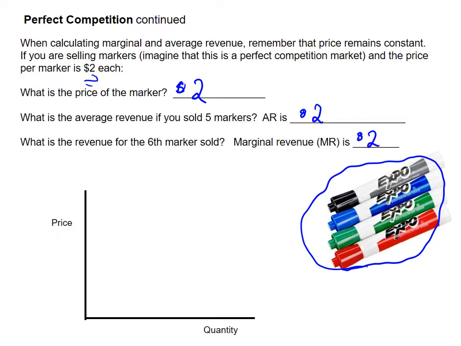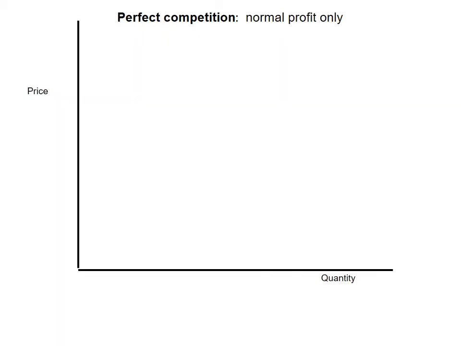So in this type of market, price equals demand equals average revenue equals marginal revenue. This is the only type of market where you're going to see a straight line like this, and it will become more and more relevant as we draw the diagram.